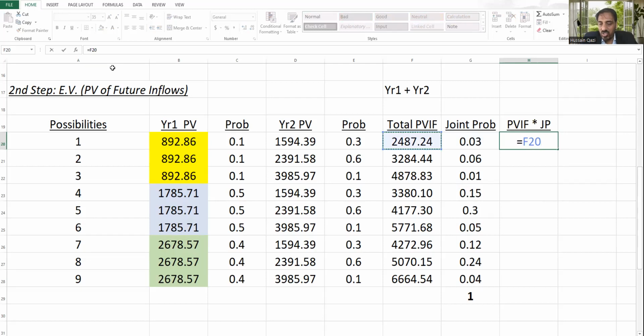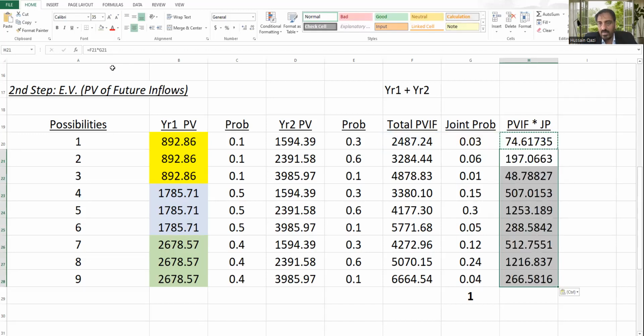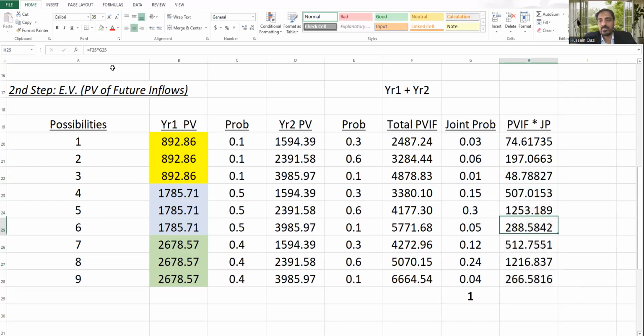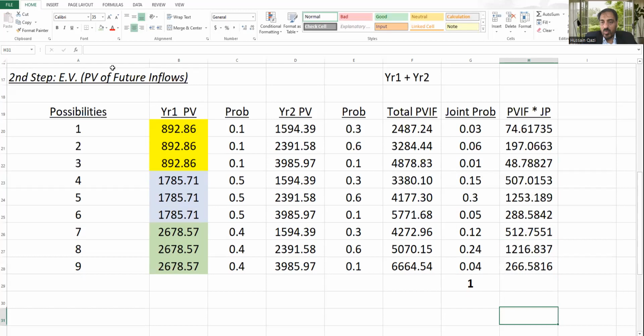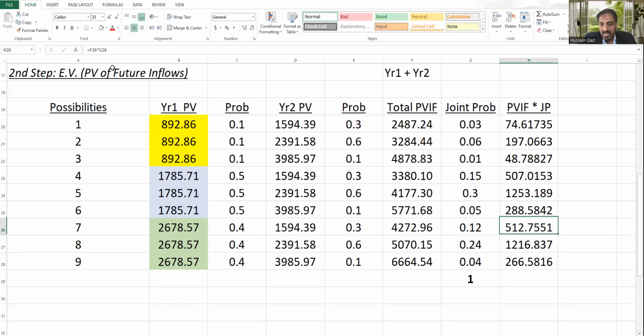Total present value inflows multiplied by this. Once again, sir, what you have done is equal to 2787.24 multiplied by joint probabilities. Simple Control C, Control V. This one is present value inflow into joint probability.